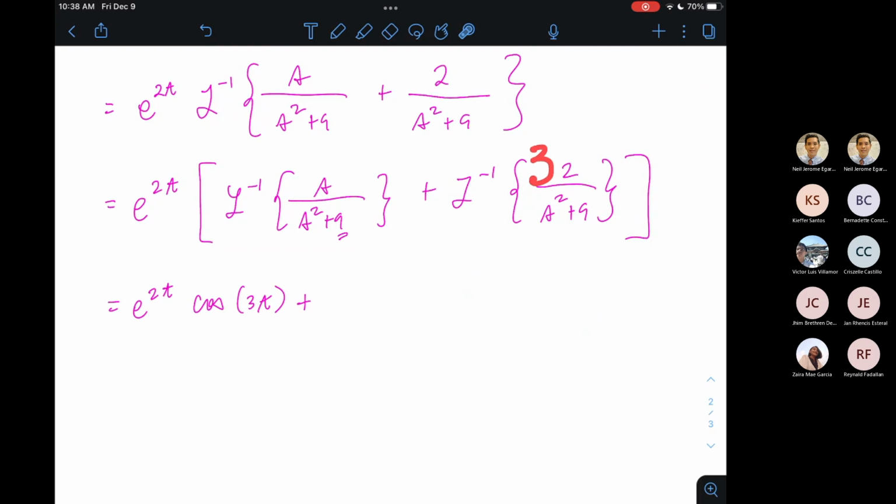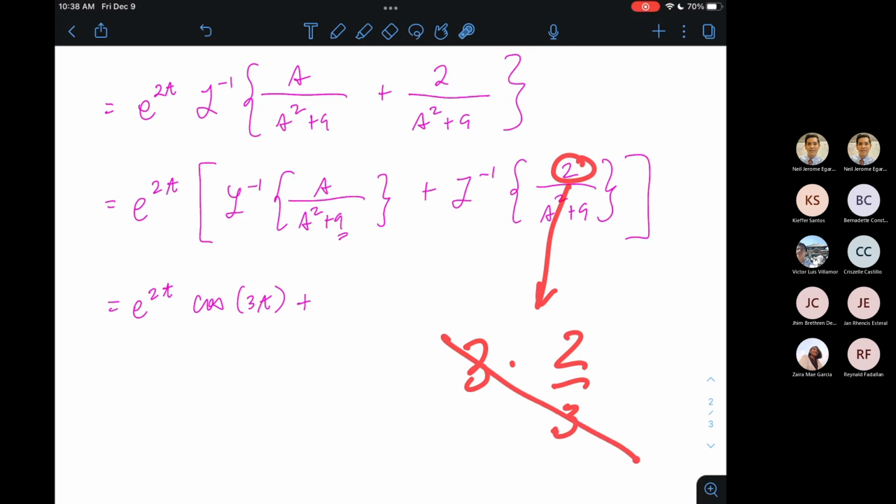Just put 3 there. Pero dapat ma-multiply siya by a scalar so that 2 yung magiging final answer para equal pa rin siya sa taas. So that means we should write 2 as 3 times 2/3. Tama ba? Para pag nag-simplify ka, 2 pa rin yung makukuha mo.